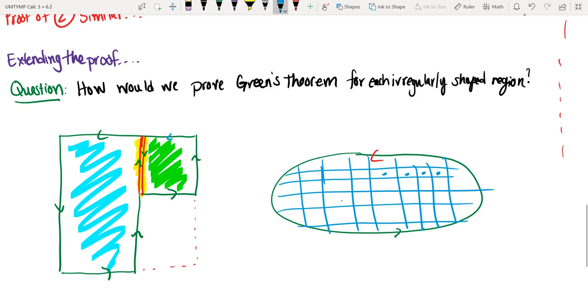You can have fun, and then eventually approximate it, and take a limit where you're adding more and more rectangular regions, so these become smaller, but you're going to get a better approximation.